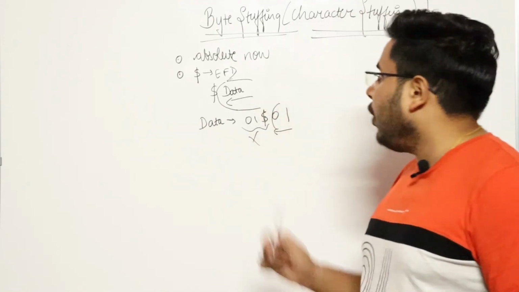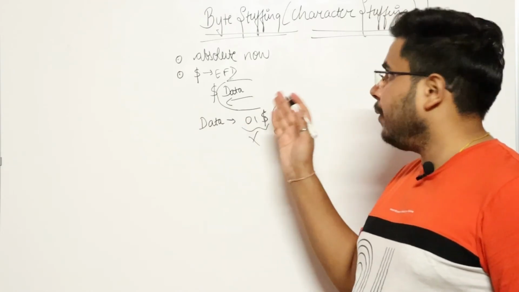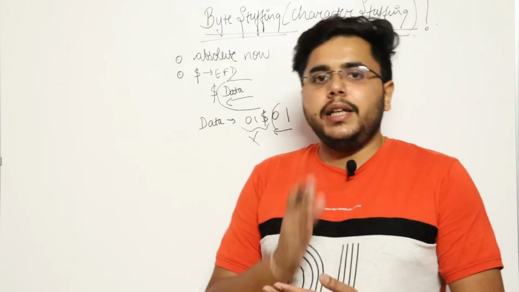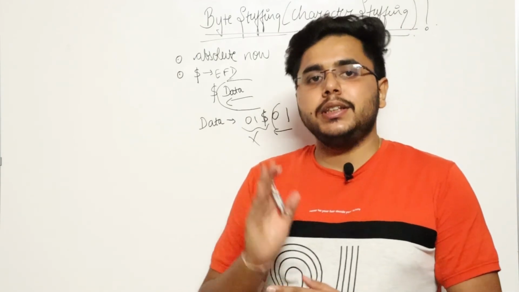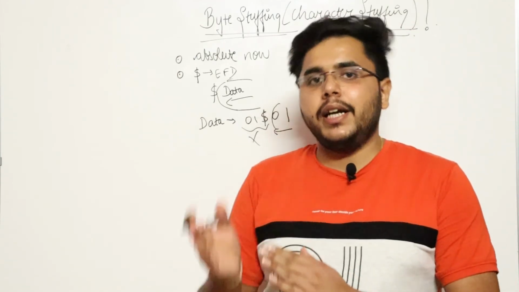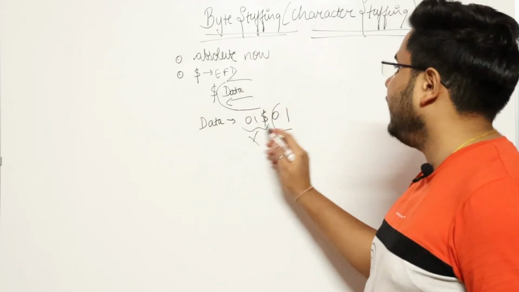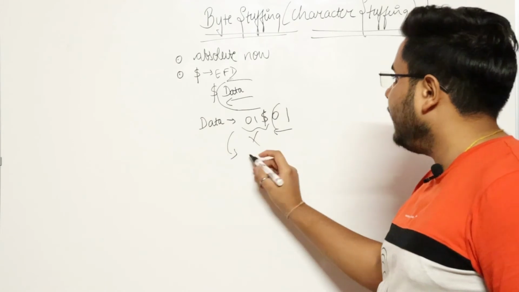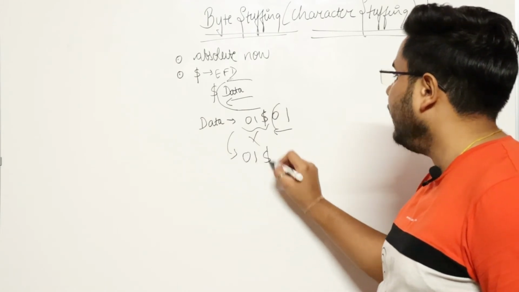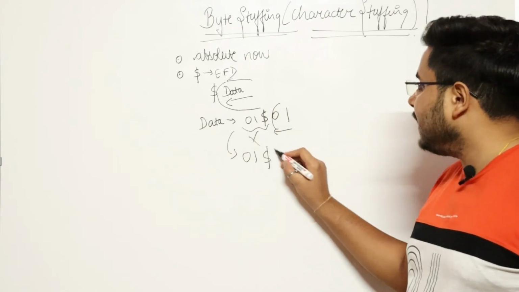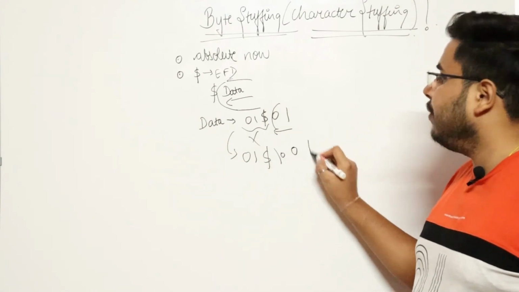So according to byte stuffing or character stuffing, whenever any EFD character comes in the data, just put a null sign behind it. Suppose this is our data; you modify it like 0 1 null $ 0 1, since this dollar is the EFD character.